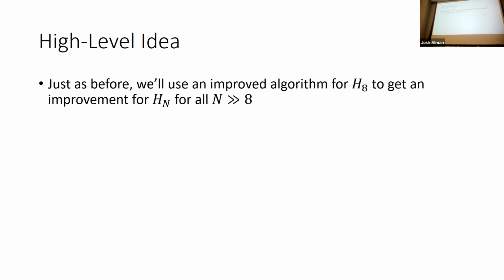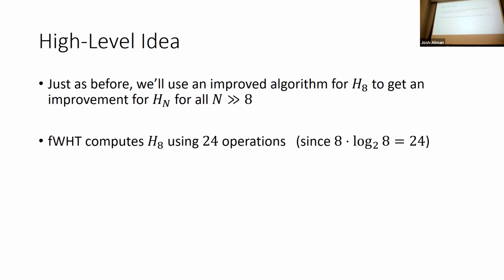So here, more specifically, the fast Walsh-Hadamard transform computes H8 using 24 operations, like 8 times log base 2 of 8 is 24. And I'm going to show you how to improve it from 24 to 23 operations for the 8x8 Walsh-Hadamard transform. And that's where our improvement is going to come from. And I'm actually not exactly going to do that.